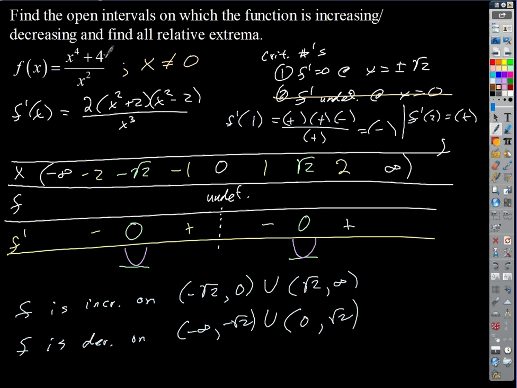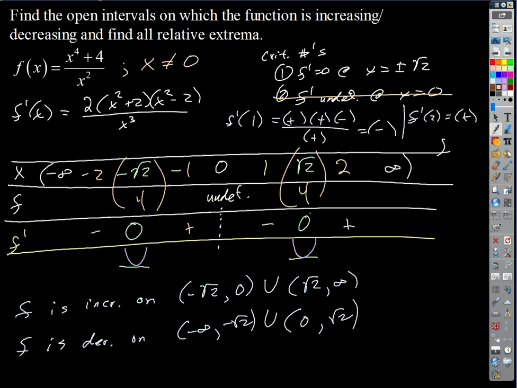So I'm getting 8 on the top over 2 on the bottom, which is 4. Everybody agree? So we get the point, and that looks like an ordered pair, right? If I plug in positive the square root of 2, I'm getting the same thing, all right? So I'm getting the point square root of 2, 4.